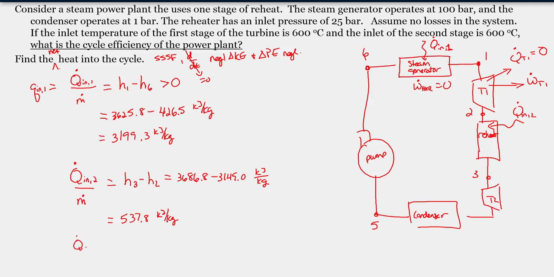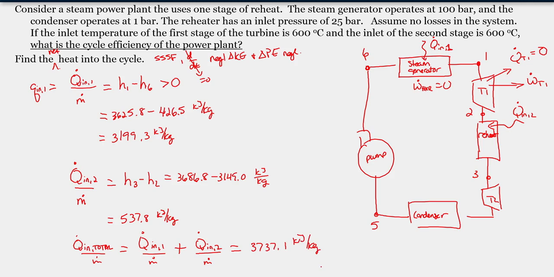So Q in total, again, all normalized on a mass flow rate, is equal to Q in 1 plus Q in 2, which is a sum of the 3,199 and the 538 kilojoules per kilogram, giving us a net value of 3,737.1 kilojoules per kilogram added to the cycle between those two heat exchangers.